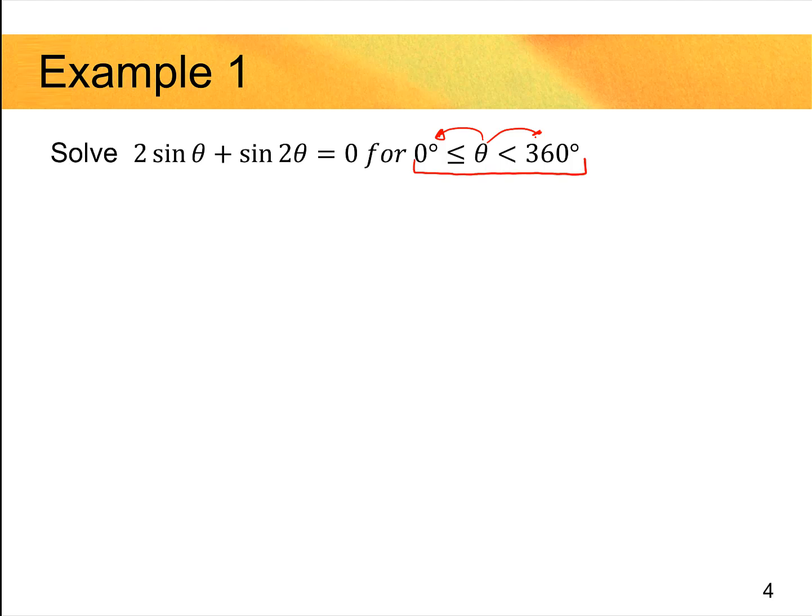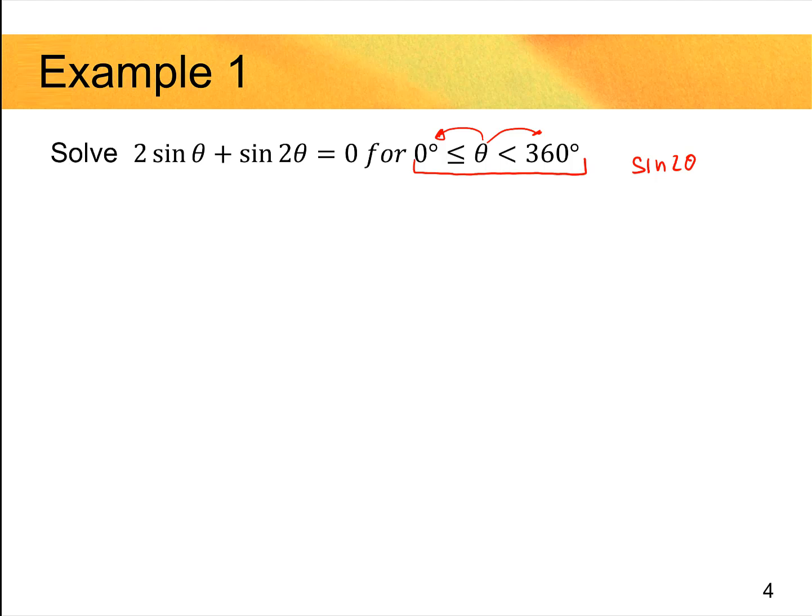First example, 2 sine theta plus sine 2 theta equals 0. I need to solve this. I can't solve it yet because this is sine theta and that's sine 2 theta. I can't put those together into one trig function. But we do have an identity off to the side.